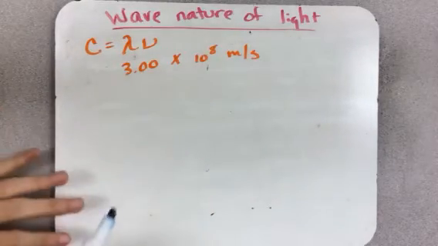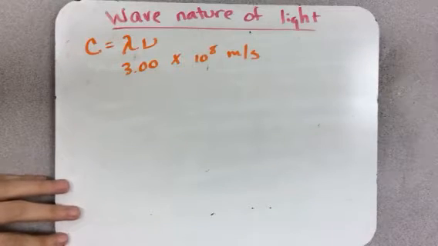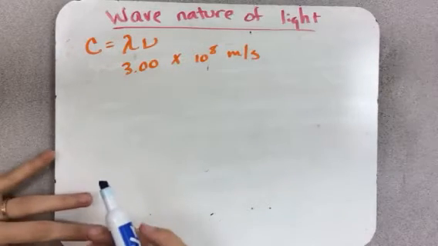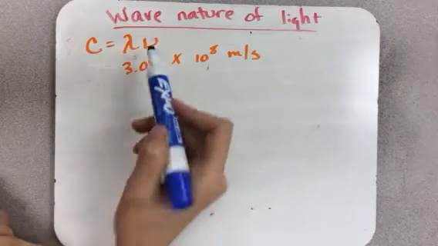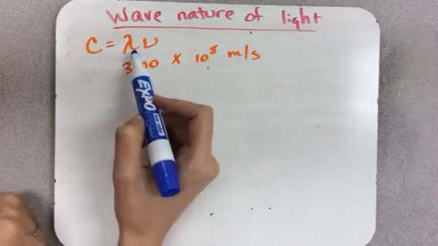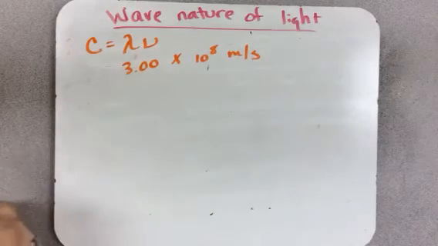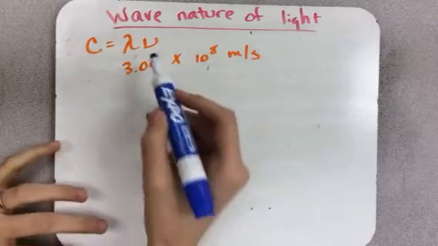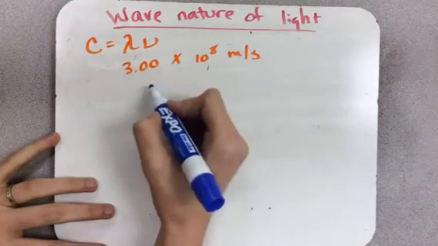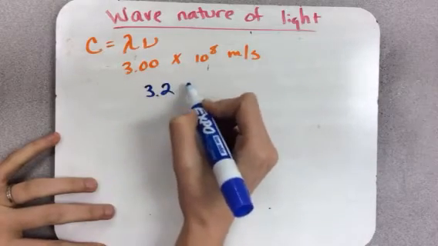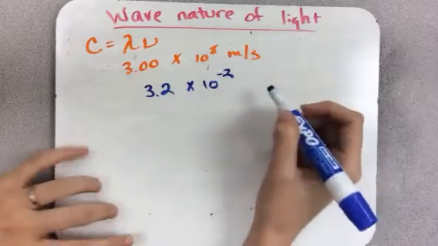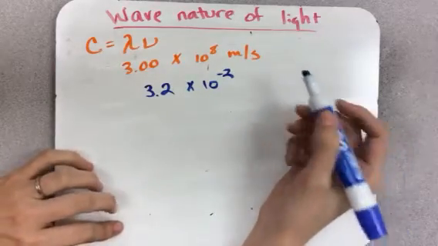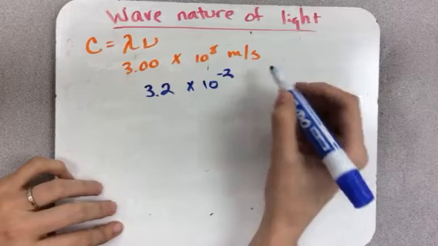So what if I gave you a frequency? I can give you the frequency and you have to find the wavelength, or I could give you the wavelength and you have to find the frequency. So I'm going to give you a frequency of 3.2 times 10 to the negative 2. Now the units for frequency, there's quite a few of them.